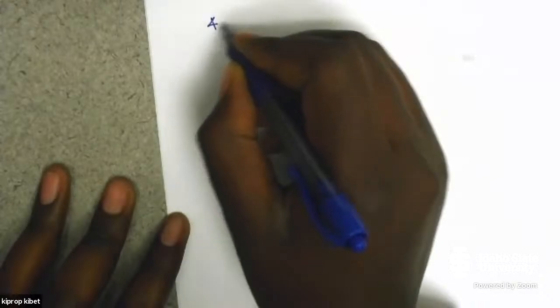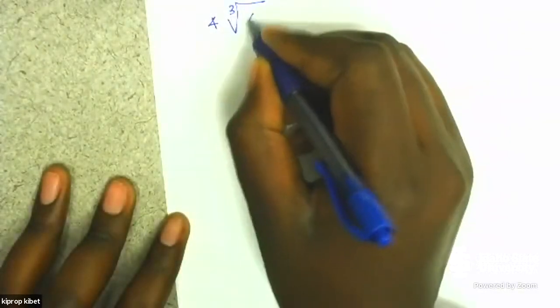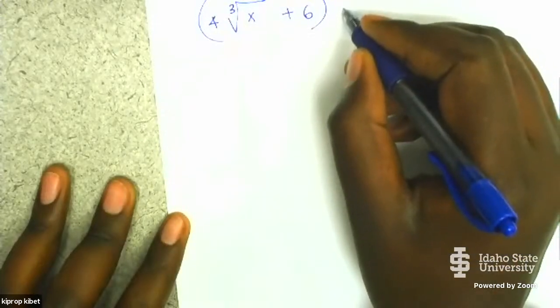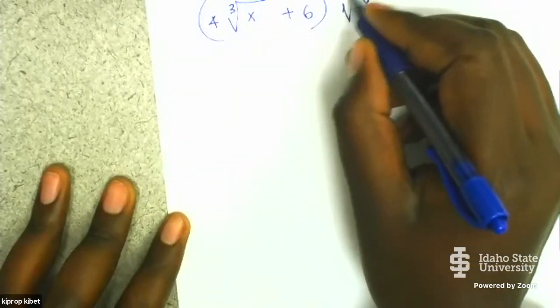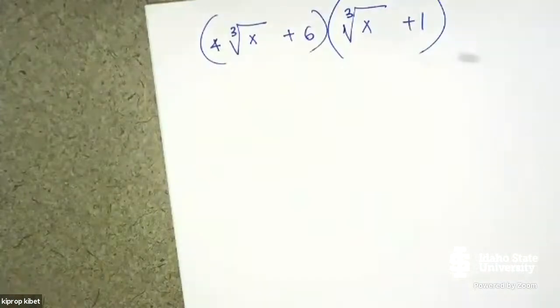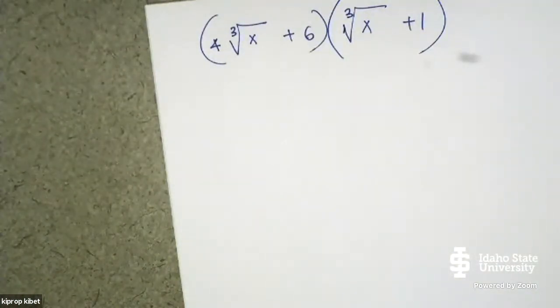If you are given an expression like 4 times the cube root of x plus 6, and then the cube root of x plus 1, and you're told to simplify.